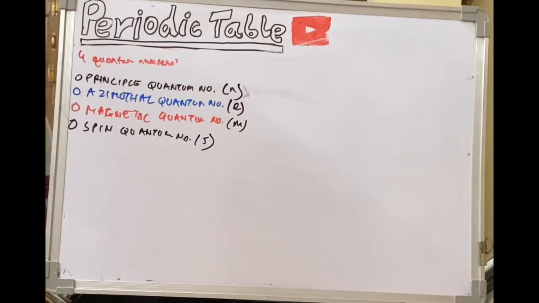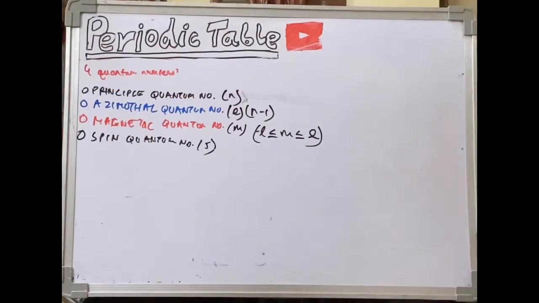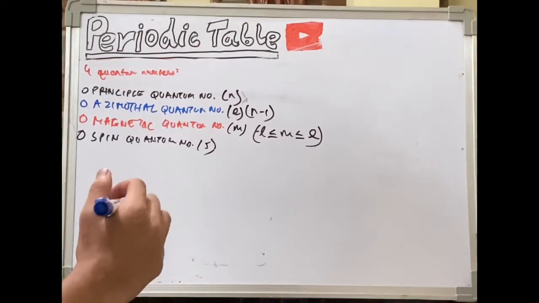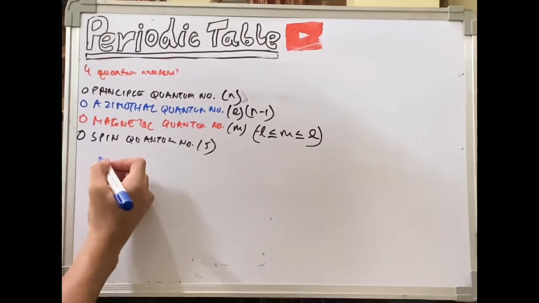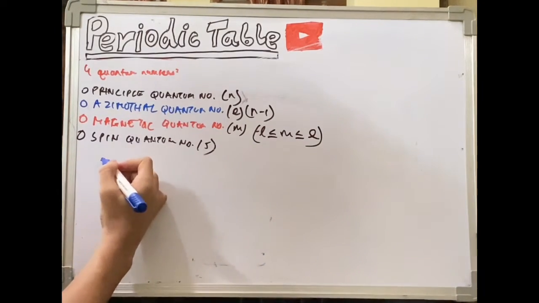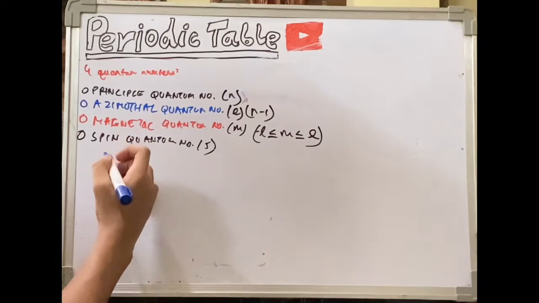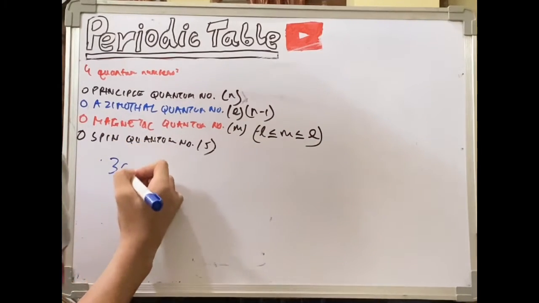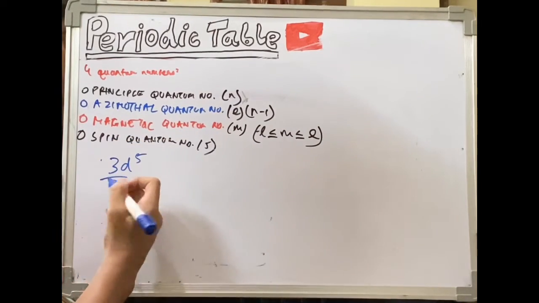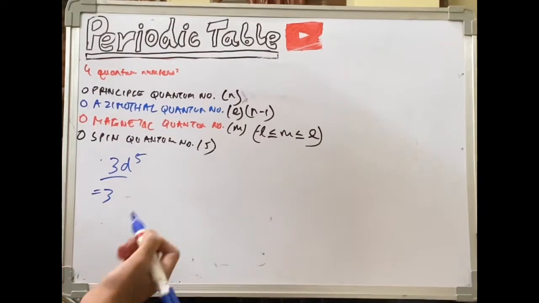The principal quantum number denotes which period it lies in, or you can say which shell it belongs to. For example, 3d5. So the principal quantum number will be 3.